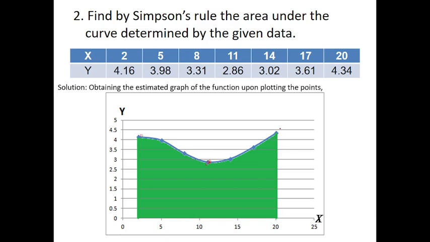Now, what will be the area under the curve determined by the given data? So what is this area? The green area. That is our concern. This is just an estimation of the graph.